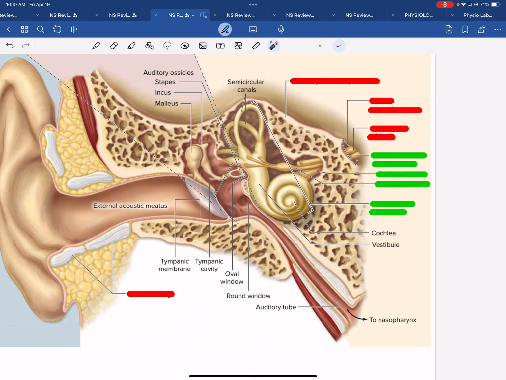It's called the bony labyrinth. So there's this large bony structure, one continuous bony structure, called the bony labyrinth. And inside the bony labyrinth, there's another structure, but it's made of membranes, so it's called the membranous labyrinth. So the bony labyrinth is these 3 parts: the semicircular canals, the vestibule, and the cochlea. Okay.